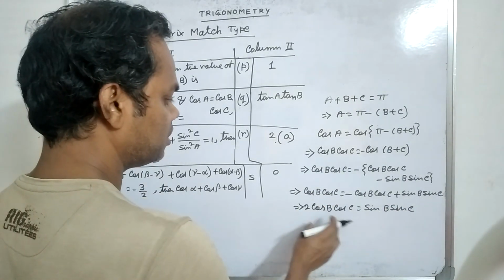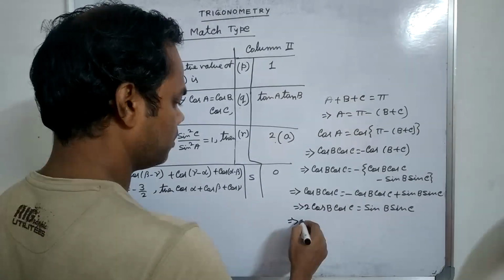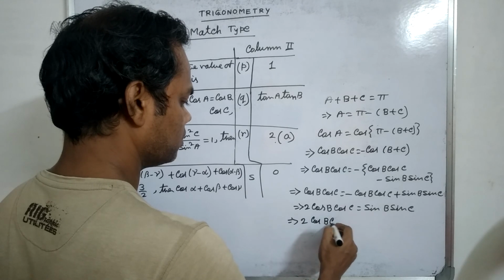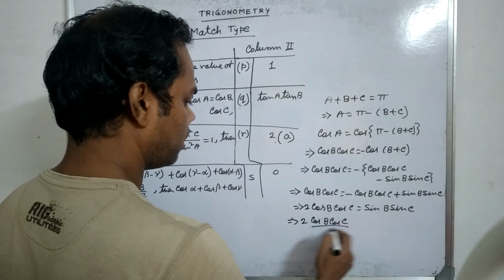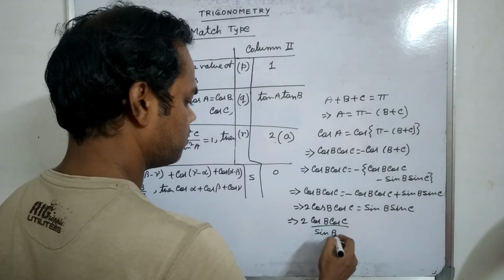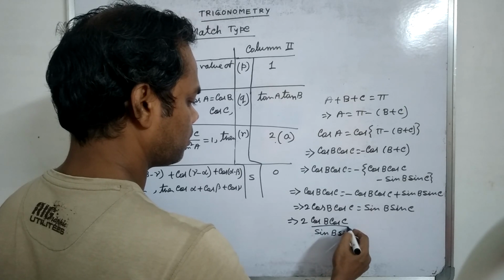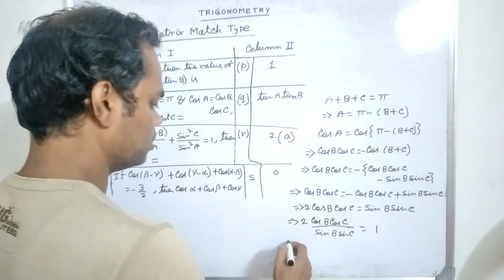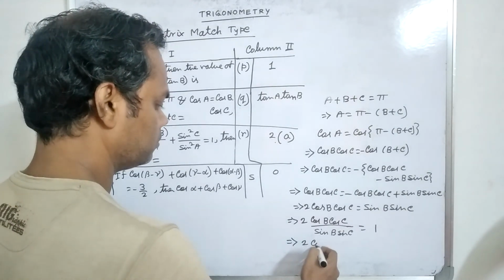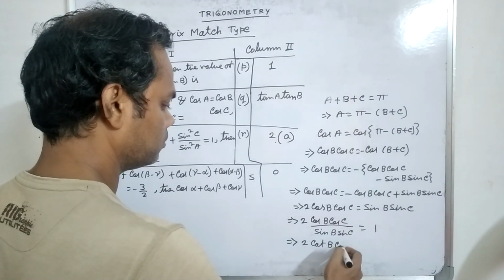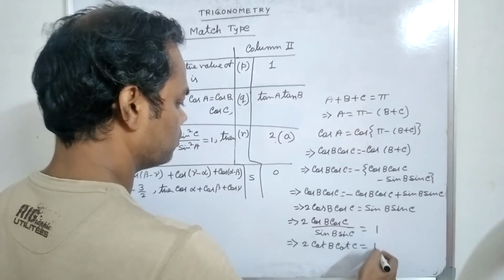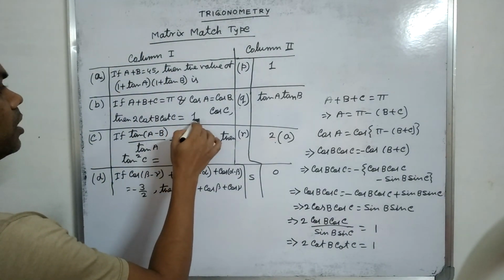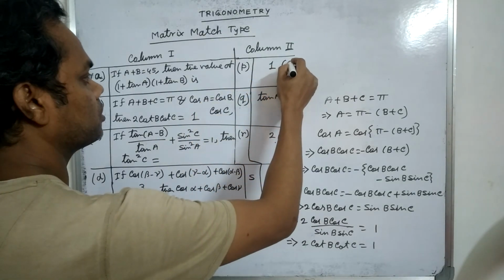Dividing by sin b sin c, 2 cos b cos c by sin b sin c is equal to 1. So 2 cot b cot c equals 1. This one is option B.